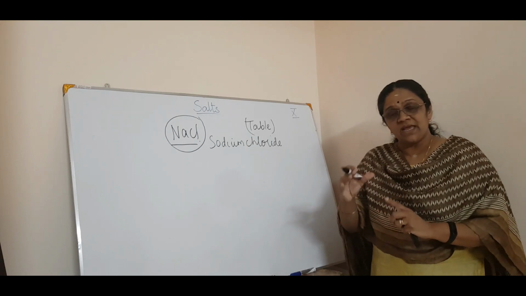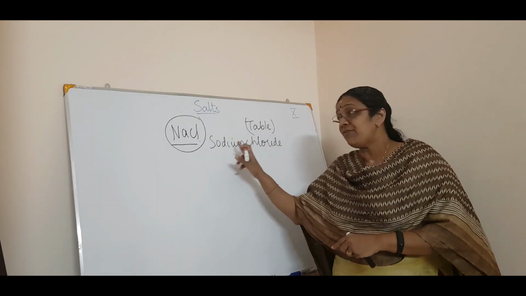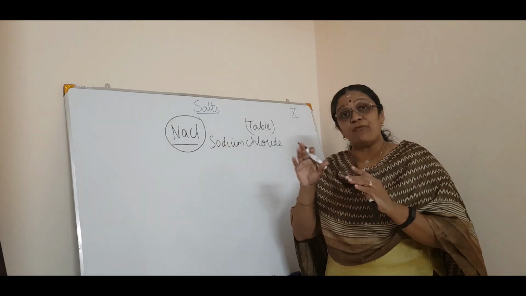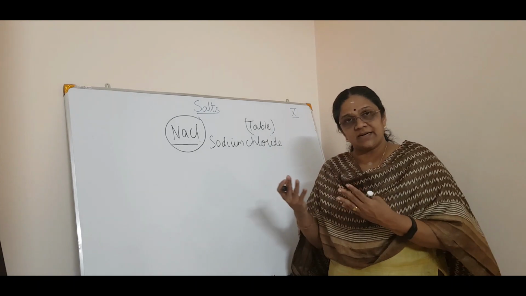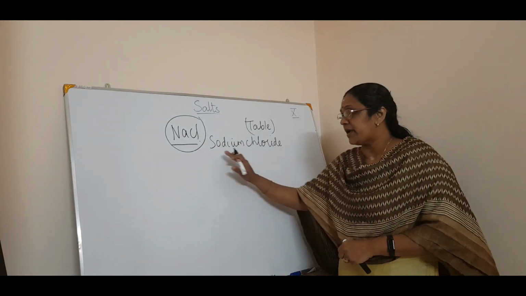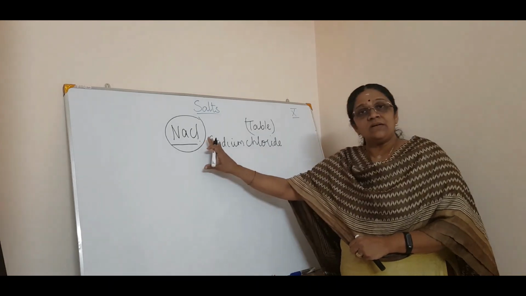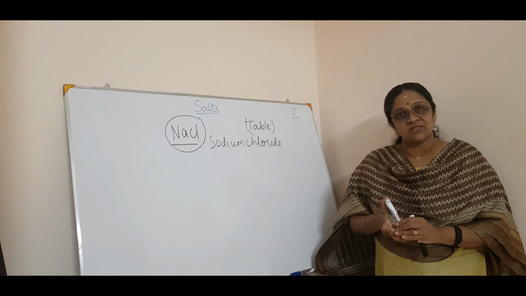Okay, so keep in mind, chemical name means you have to get the chemical name correctly. And if it asks what is the chemical formula, you have to write the correct formula. Questions can be asked like that in the board exam. So make sure. So this is sodium chloride. Now we will see in detail about this sodium chloride or common salt.